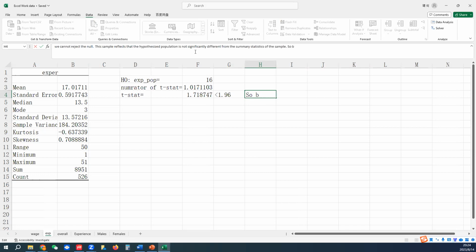So based on the sample, we should not consider that experience equal to 16 is a wild estimate of the population experience status.